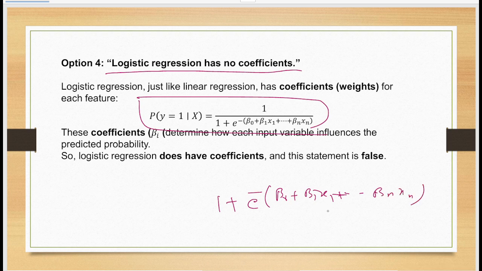Here xi is the variable and beta is the coefficient. So we have coefficients in logistic regression too, but the option says it has no coefficient.